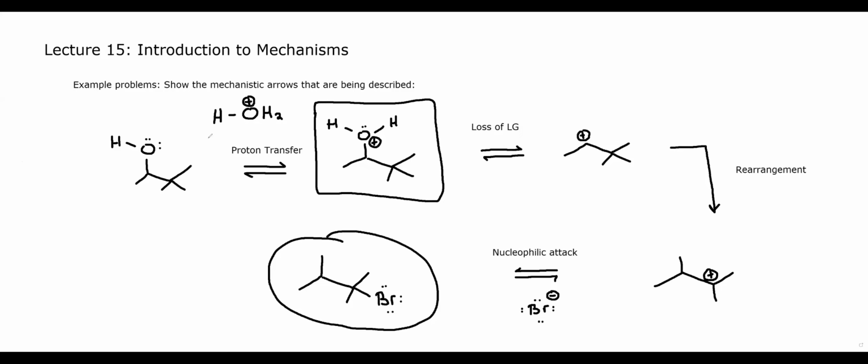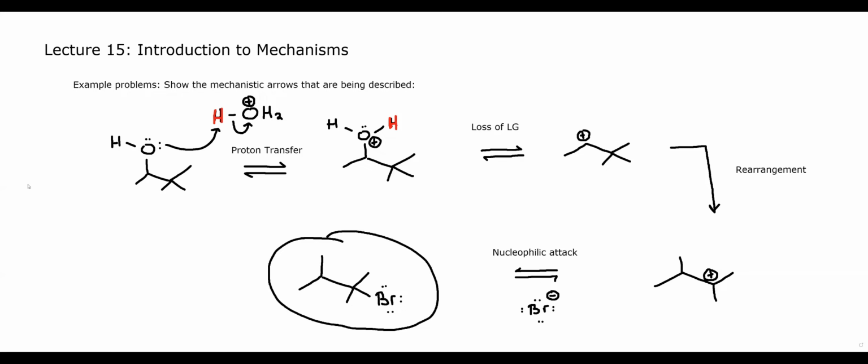So if we do a proton transfer with some sort of acid, we can grab the hydrogen from the acid, leave behind its electrons as a lone pair, and this would be a successful proton transfer where we now have this proton in red. Let's highlight it red here. This red proton has now been transferred onto our material here. We've protonated this alcohol. And so those would be the proper arrows for a proton transfer. Okay.